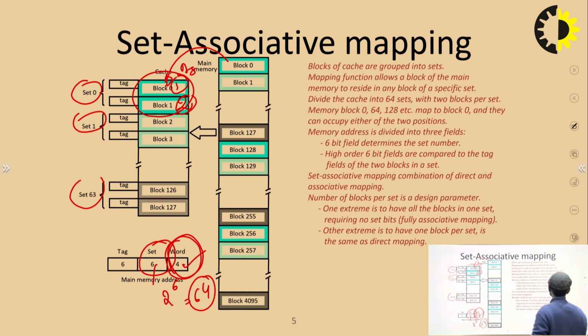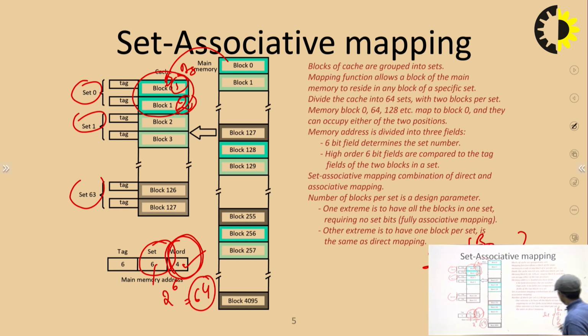Now, dear students, say for example, if there is a set and it has 4 blocks, block 0, block 1, block 2 and block 3, 4 blocks within a set, then that particular set is called a 4-way set associative. This particular mapping approach is called 2-way set associative, because there are 2 ways to move within the set.